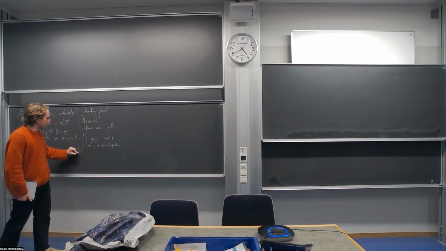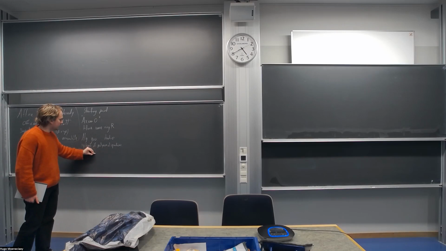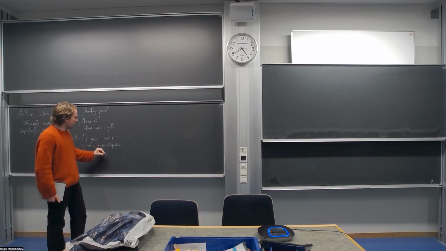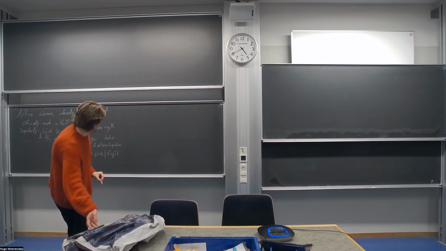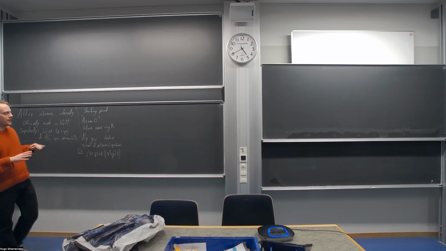Let me give an example. You could consider the set of solutions of the system of just one equation, x squared plus y squared equals 1. So this is some kind of circle.